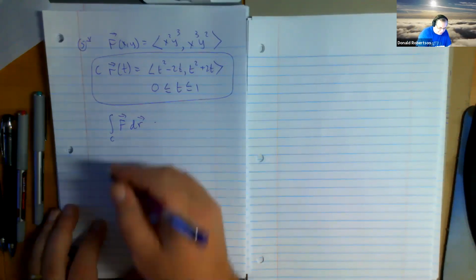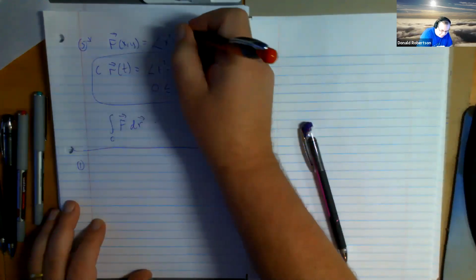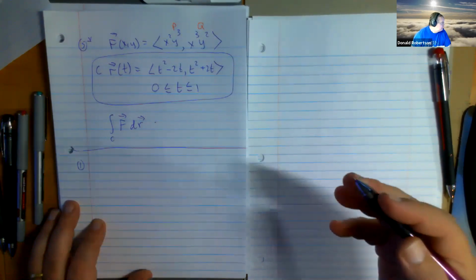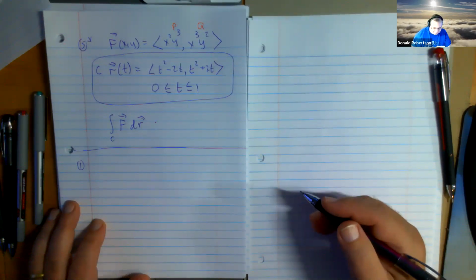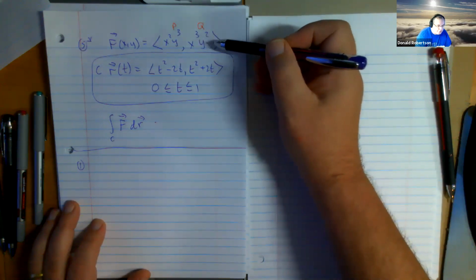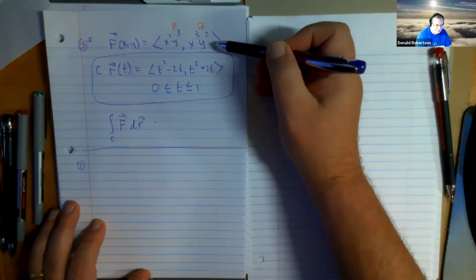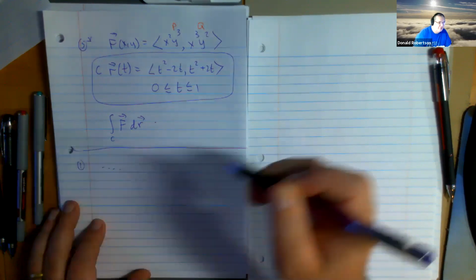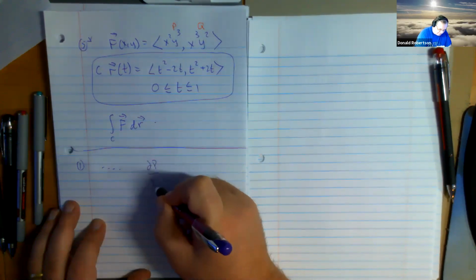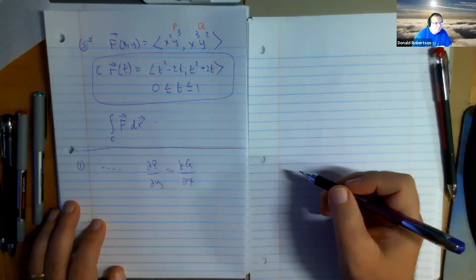And let's start with, if I call this P and I call this Q, can you trust me that that is going to be a conservative field? So can I just do that and save some time, right? So you can check it, but I bet you that ends up being true.